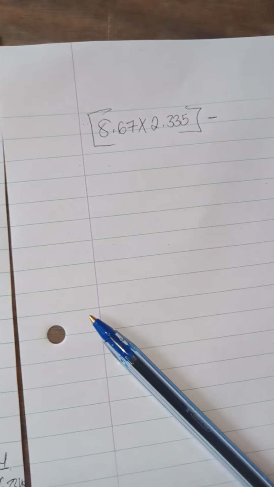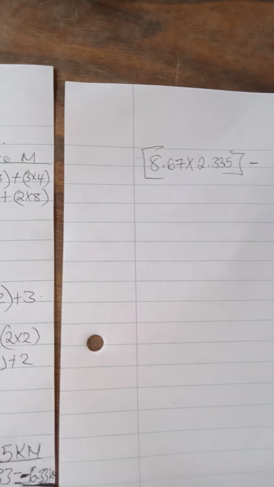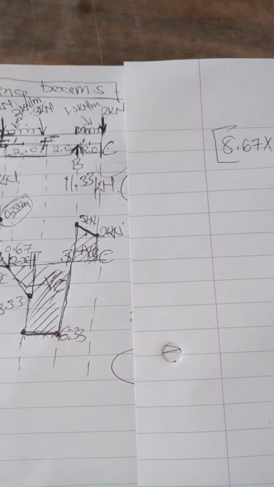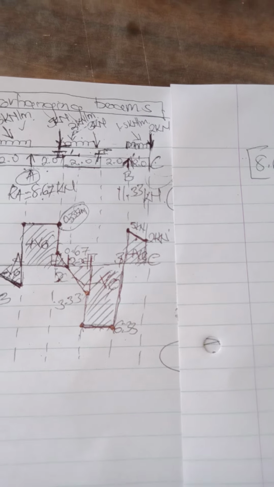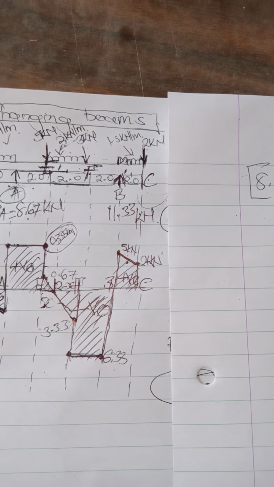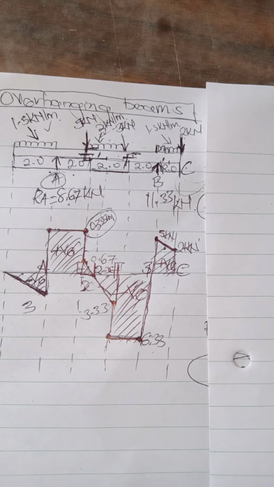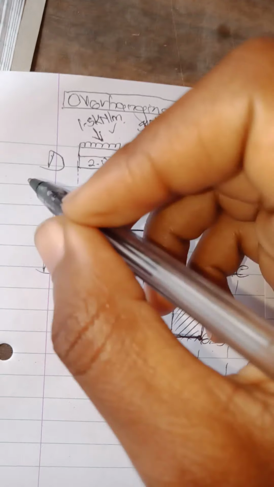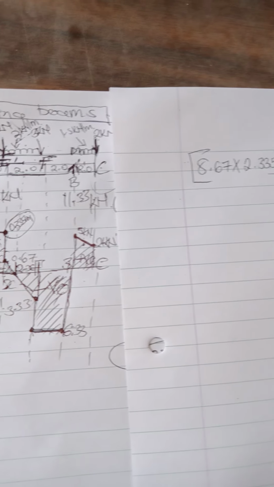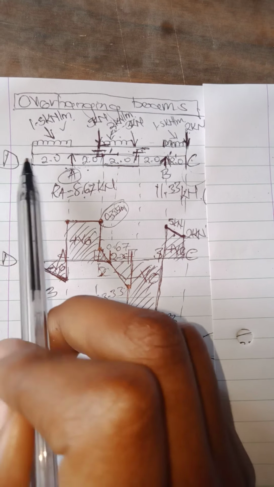You subtract the other forces, 5 kilonewtons. You subtract the UDL here, 1.5 times 2, then times the distance it is acting upon.